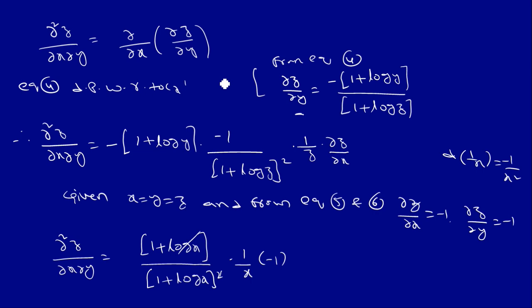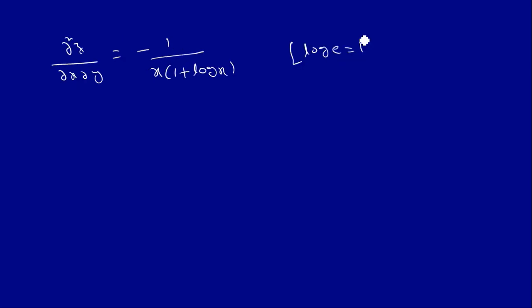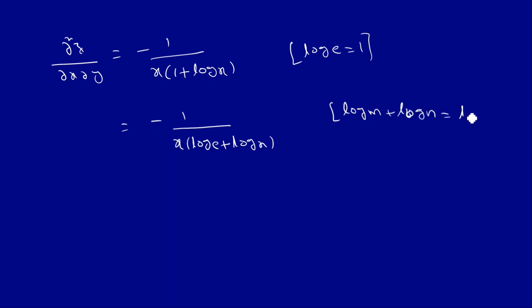Next I am going to write here, what is log e? 1. I am replacing here. Minus 1 by x into log e plus log x. So what is log m plus log n? Log m plus log n equals log mn.